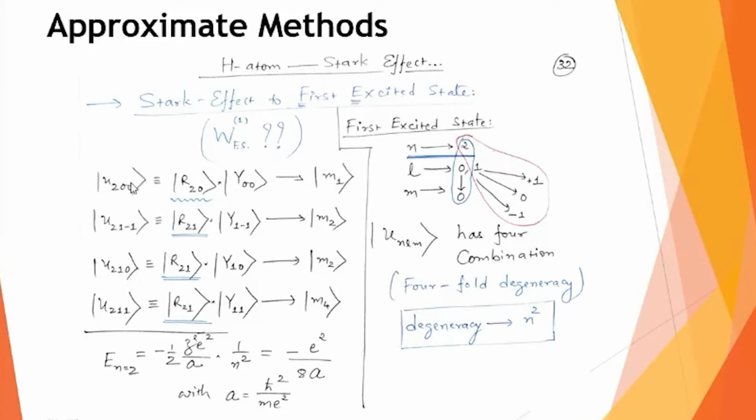So if you are now calculating the matrix element between U200 and U210, between M1 and M3, you can see your L is going from 0 to 1. So it is allowed. But if you go for M2 and M3, where M2 is U21 minus 1 and M3 means it is U210, between these two, M2 and M3, the L value is the same.